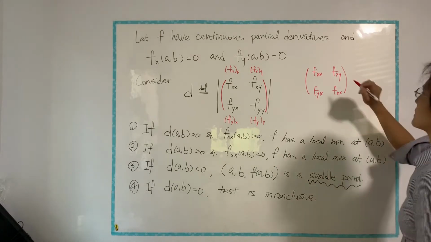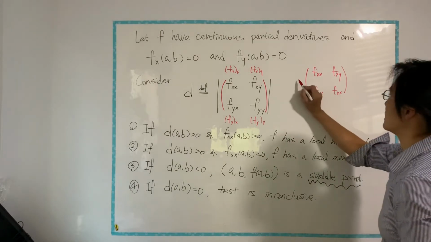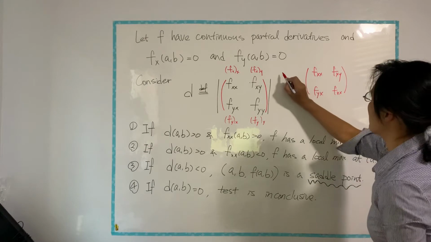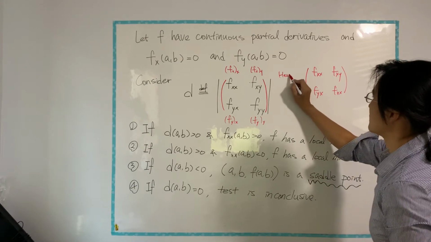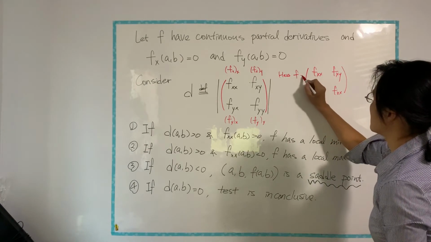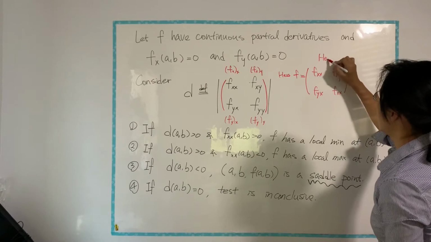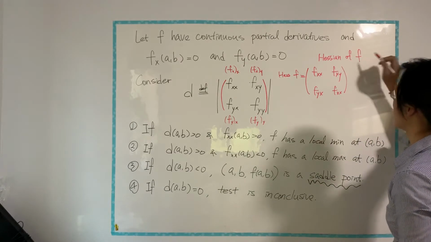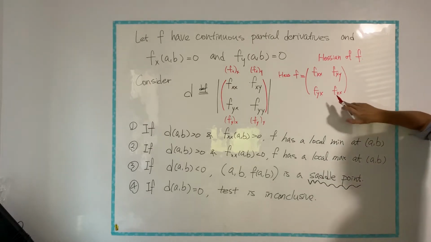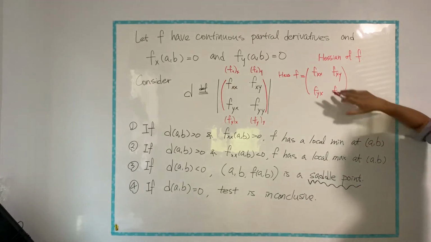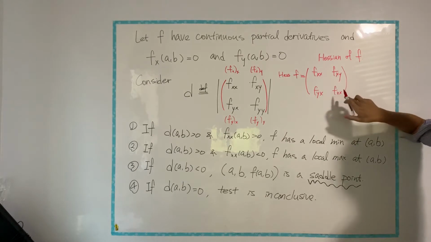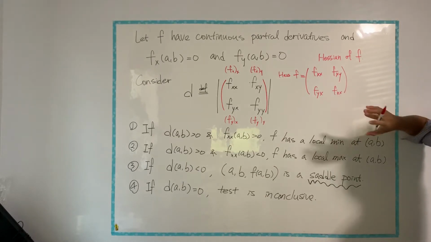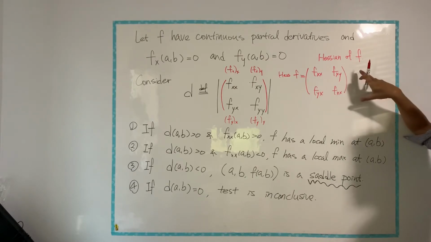This matrix has a name. It's called the Hessian of f. It is a 2 by 2 matrix, and each of the components is a second derivative function.